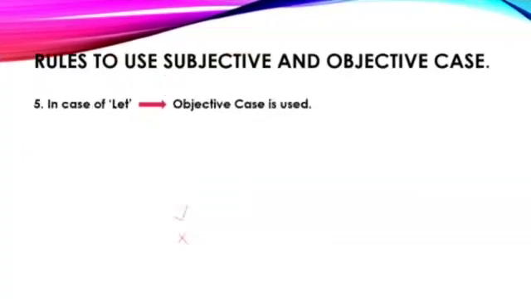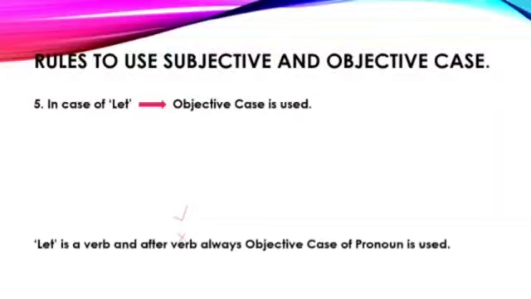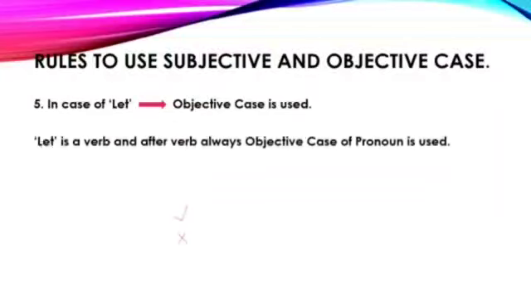Now the next rule is in case of let. In case of let, objective case is used. Let is a verb and after a verb we always use objective case of pronoun. You might be remembering, when I gave you the first example, she called him, I told you that after the verb objective case is used.